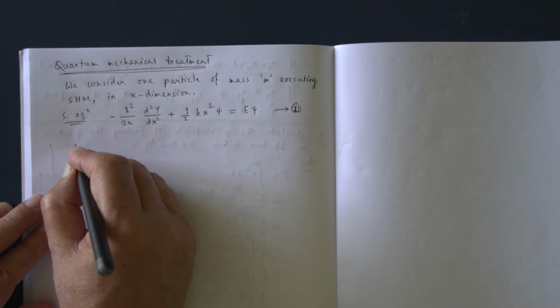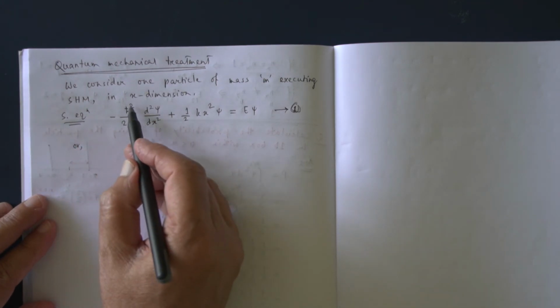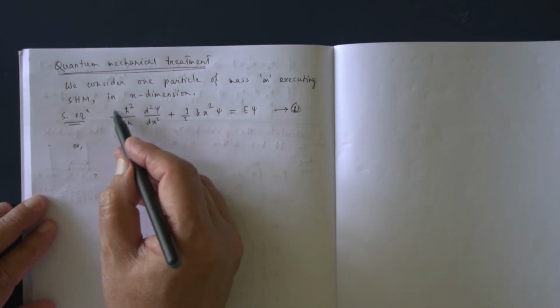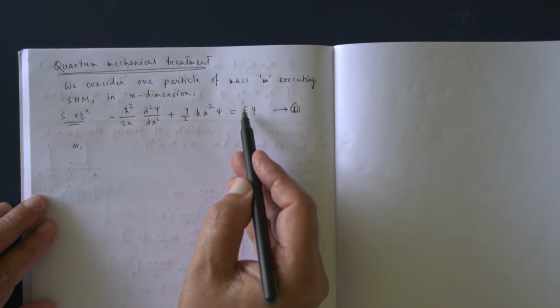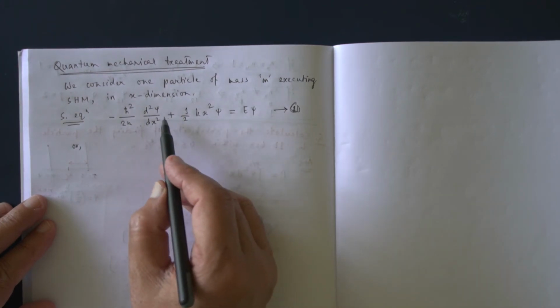We can simplify by dividing both sides by this and bringing the terms together.